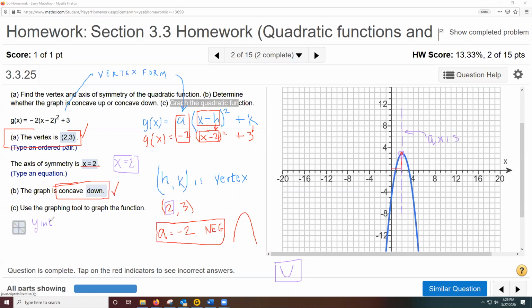Let's find the y-intercept. The y-intercept is when x is equal to 0. So I'm going to let x equal 0. So let me go into this equation, and I'm going to let x equal 0. So I'm going back to the starting g(x), and really I'm going to calculate g(0). This is going to give me the y-intercept. Well, that's going to be -2(0 - 2)² + 3.